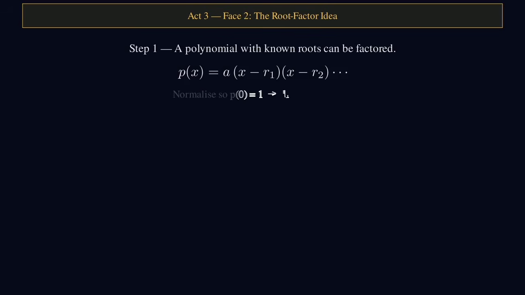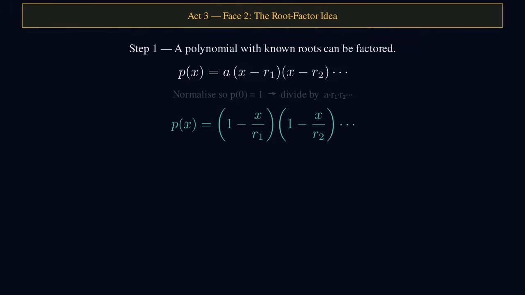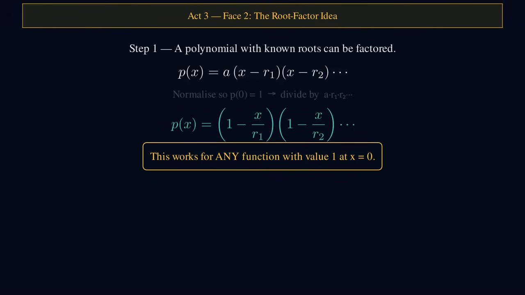But if you normalize, dividing everything so that the value at 0 is 1, it becomes (1 minus x over r sub 1) times (1 minus x over r sub 2). This is the root factor representation. It works for any polynomial whose value at 0 is 1.